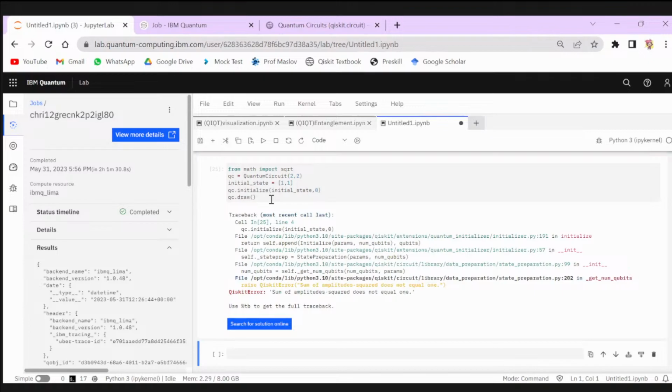So now let's try to get the state vector. How can we get the state vector? Does anyone have any question?